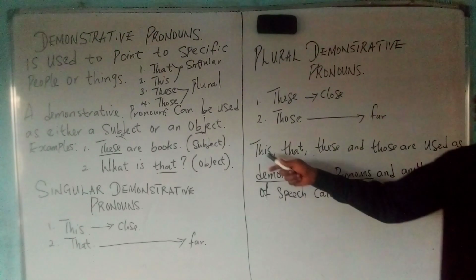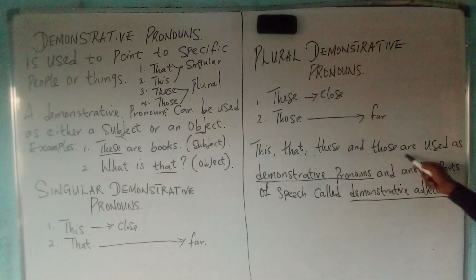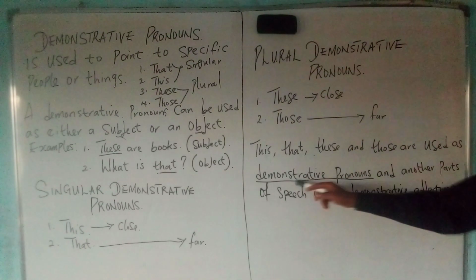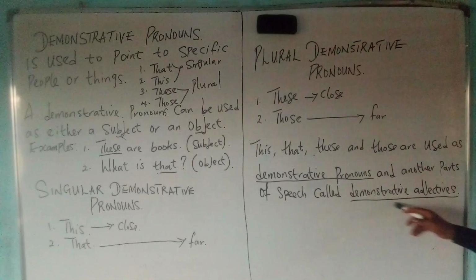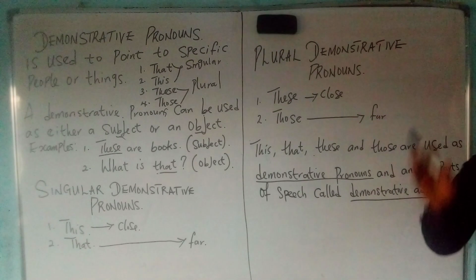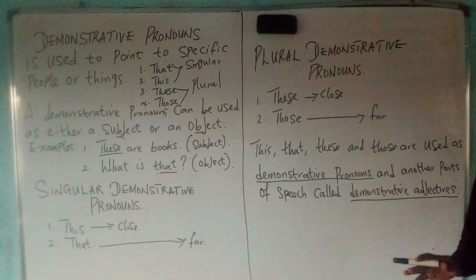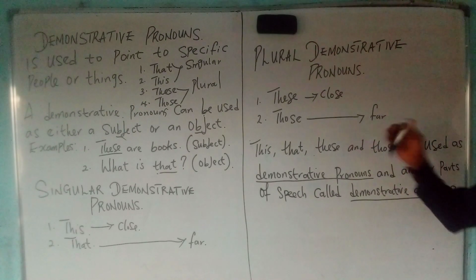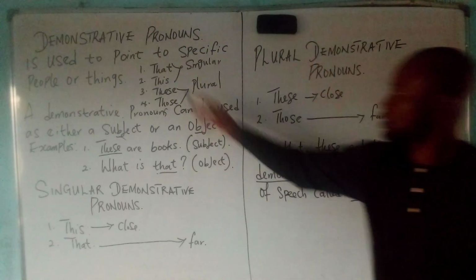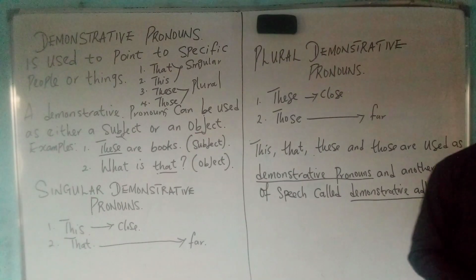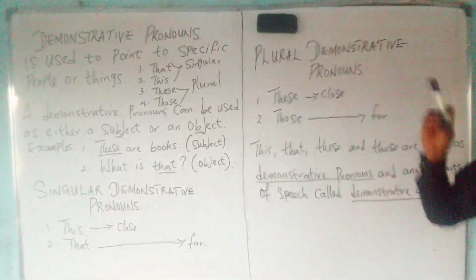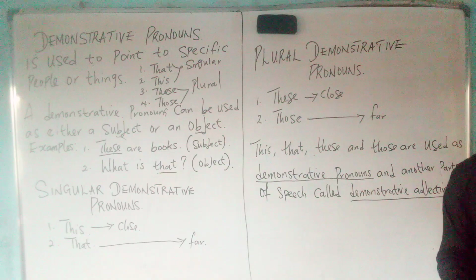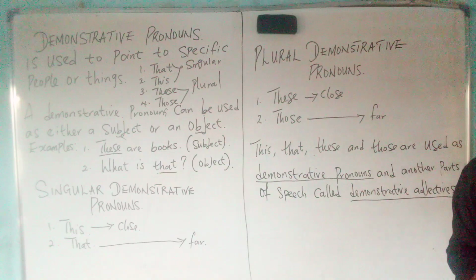So therefore, this, that, these, and those are used as demonstrative pronouns, and another part of speech called demonstrative adjective. So whenever you are in a class or you pick a book, you hear demonstrative pronouns, they are for these four. And you hear demonstrative adjective, they are what? These four. But the difference is that demonstrative pronouns act as subject or replace a noun or pronoun.